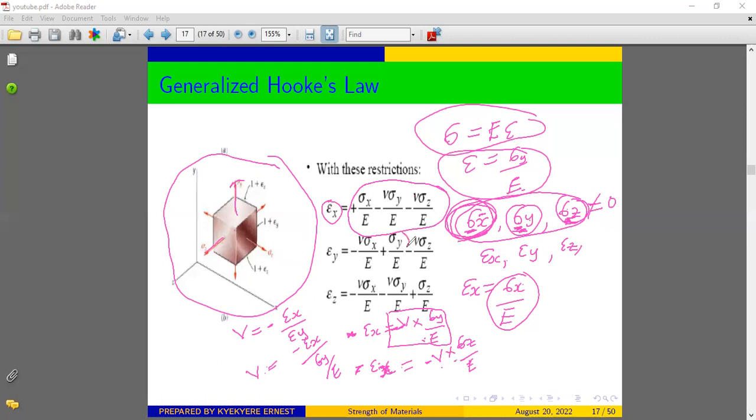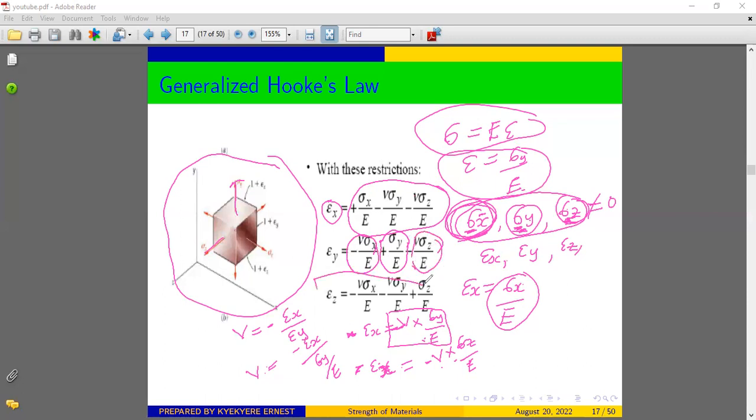And similarly, when we are considering the strain in the y-axis, we are going to get the strain as a result of the stress in the y-axis, minus the strain as a result of the stress in the x-axis, and then the strain as a result of the stress in the z-axis.